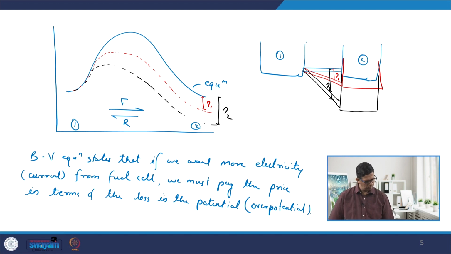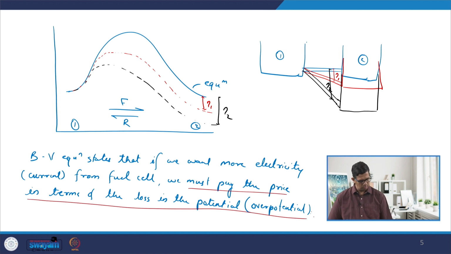You have to underline this: you have to pay the price in terms of loss in potential, and that is what we have just seen. If your eta increases, the net current flowing across the electrode will also increase.